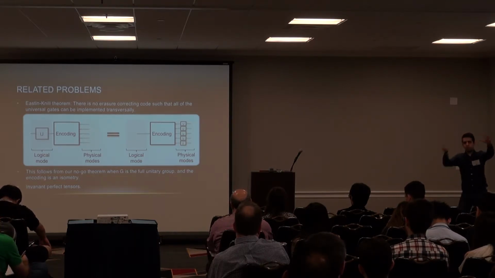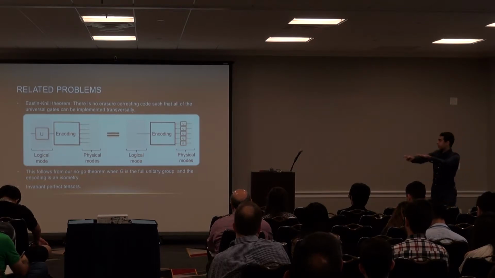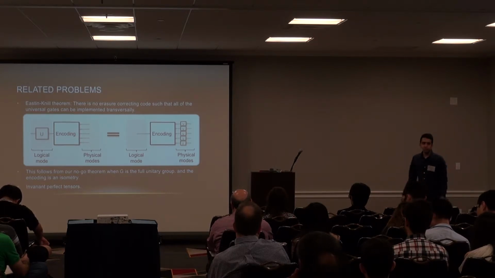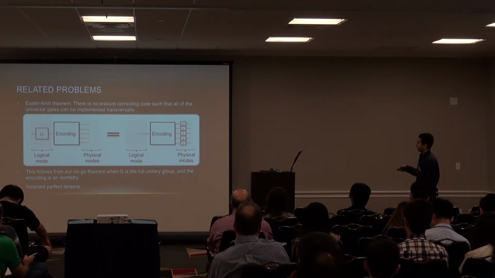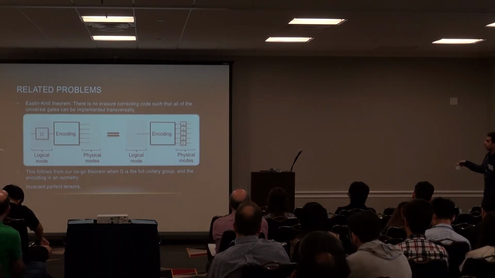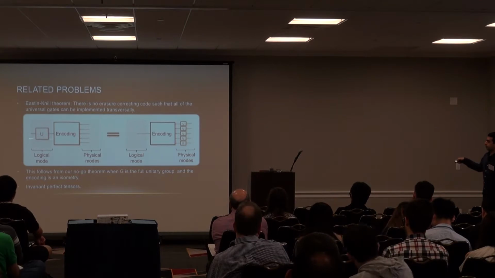And the encoding of this logical space to the physical space happens with this encoding channel. And I want to say that this encoding isometry is covariant. Why is that? Because we know that any unitary can be implemented in the logical space.